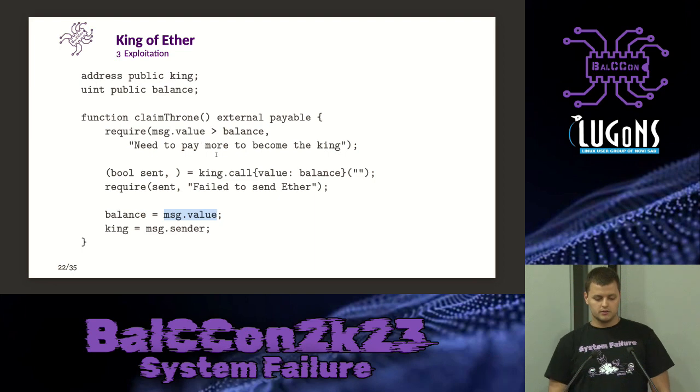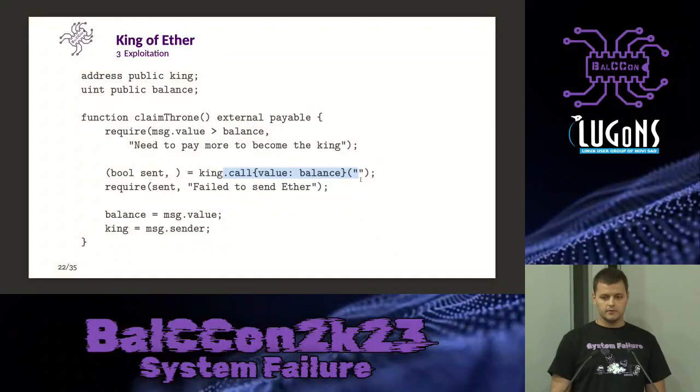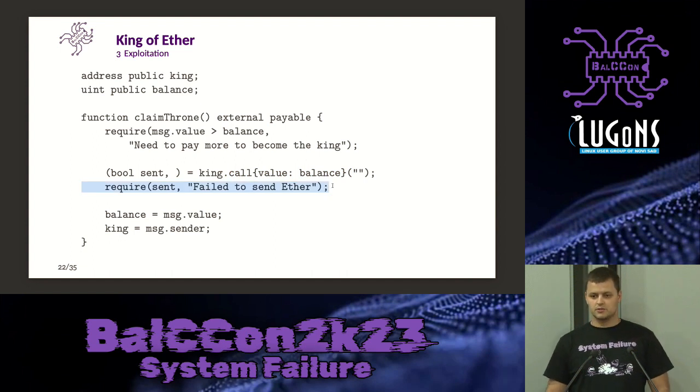So the king call and send balance function here, if it's sent to another smart contract, not to a regular account, but to a smart contract, and there is no fallback receive function, this will fail. And this will never pass this part. Our smart contract will stop fully this coin. It will be an eternal king of it.